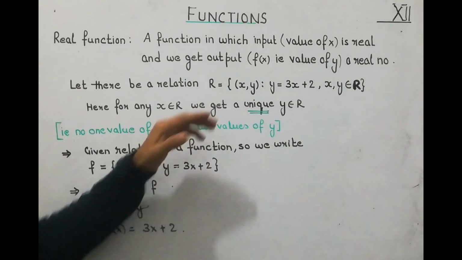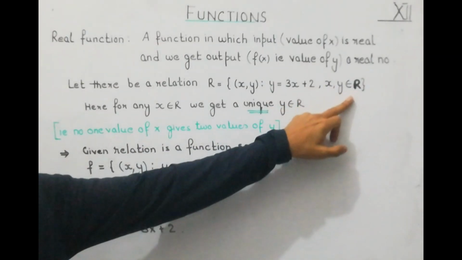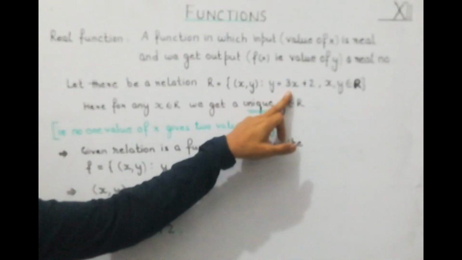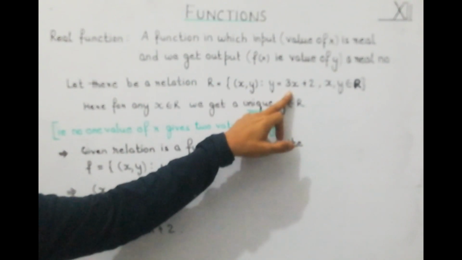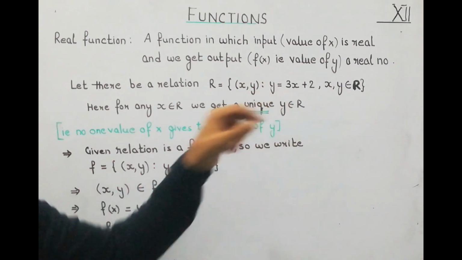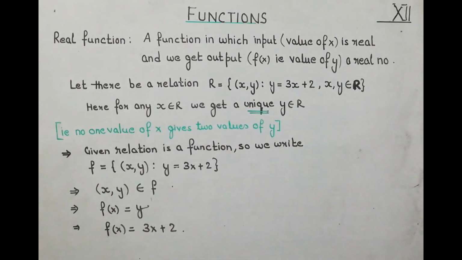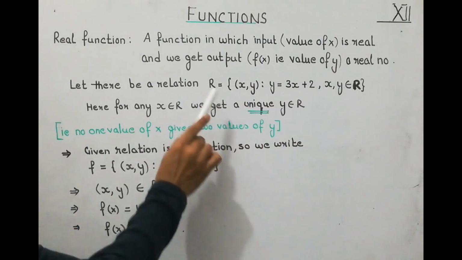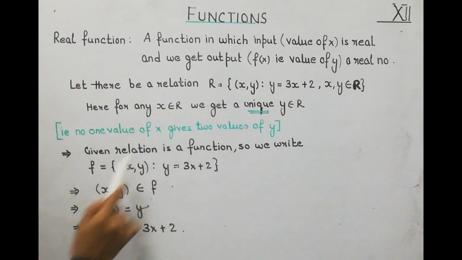So each element of x belongs to the real numbers, that means you substitute all the real numbers one by one, and for each real value of x you will get a unique value for y, and that too a real value. So both the conditions are satisfied over here, so we can call this relation a function.